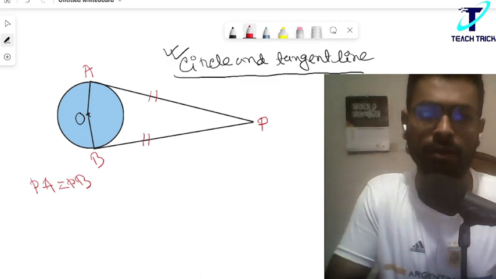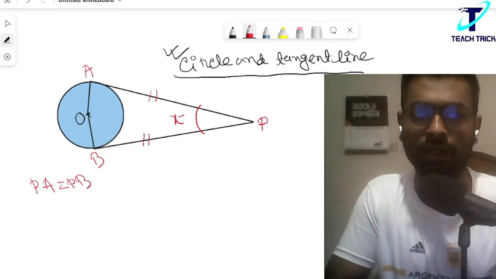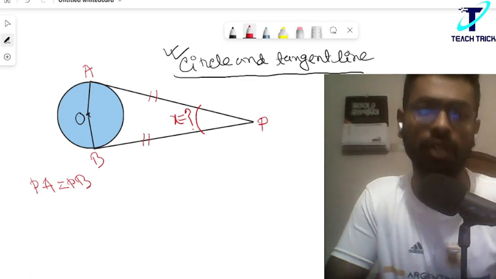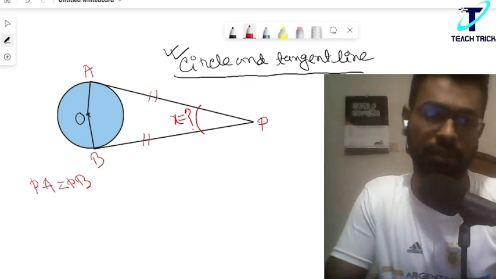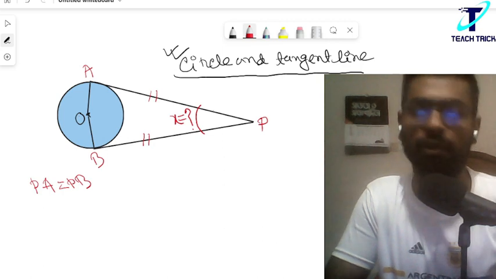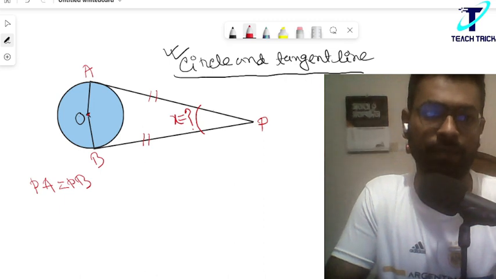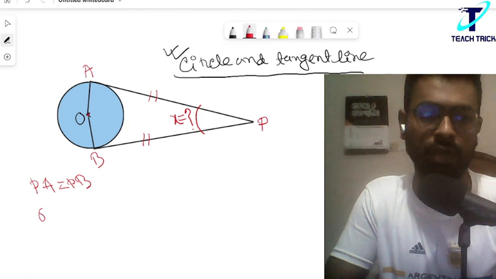And now we have to find out this unknown variable which we consider x, and we find that value. How do we find that value? That is our purpose in solving this problem. Okay, from the center of the circle, we draw two lines OA and OB, which are equal because these two lines are radii.